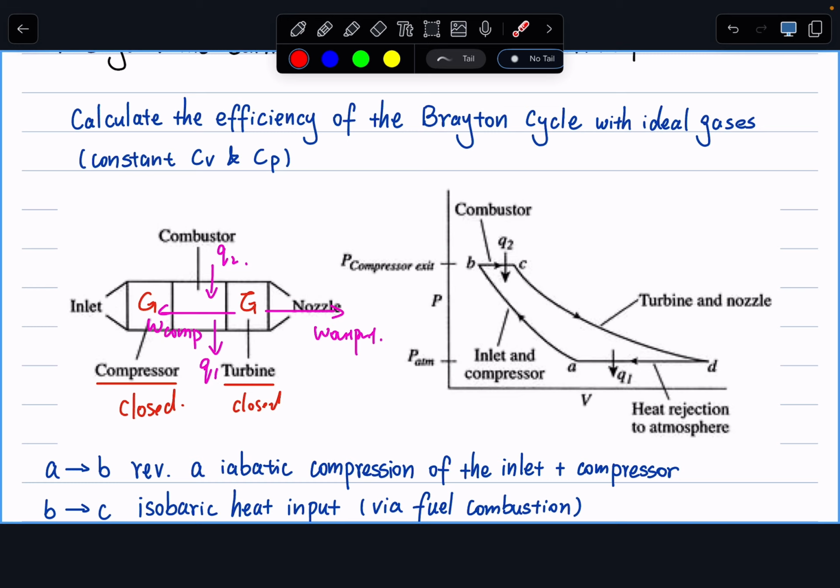And as a sanity check, for our Q1, remember we say this might be positive or negative. So my temperature at A is lower than my temperature at D. It's a PV diagram for ideal gas, so the product of PV is smaller at point A. So this must be a negative number. And it's physically making sense, right? So heat is going out from my system to the surrounding in Q1, and it is a negative number.